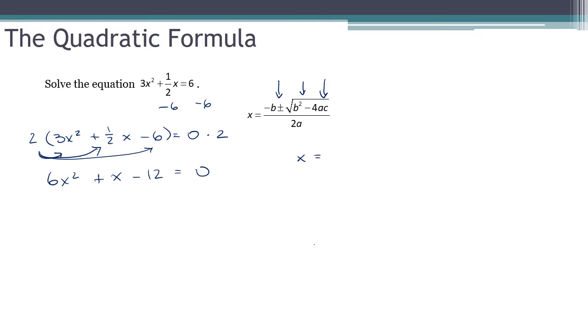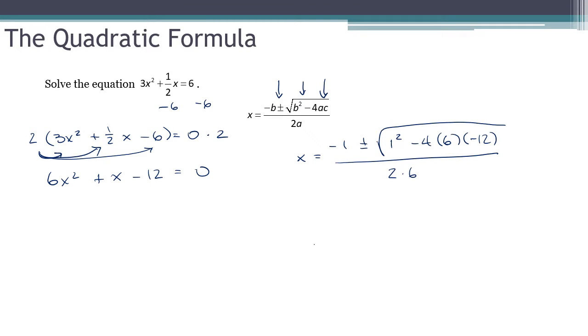X equals negative 1 plus or minus the square root of 1 squared minus 4 times 6 times negative 12, over 2 times 6. So do inside the square root here.